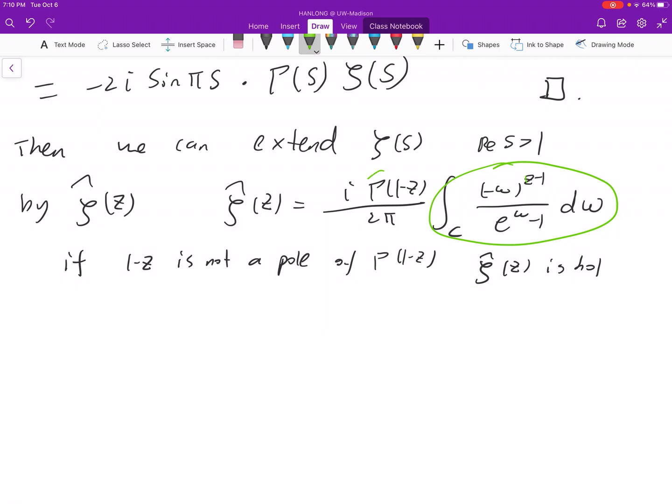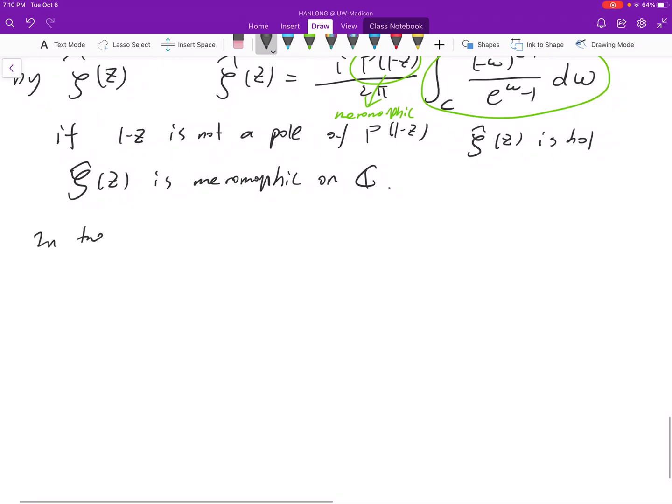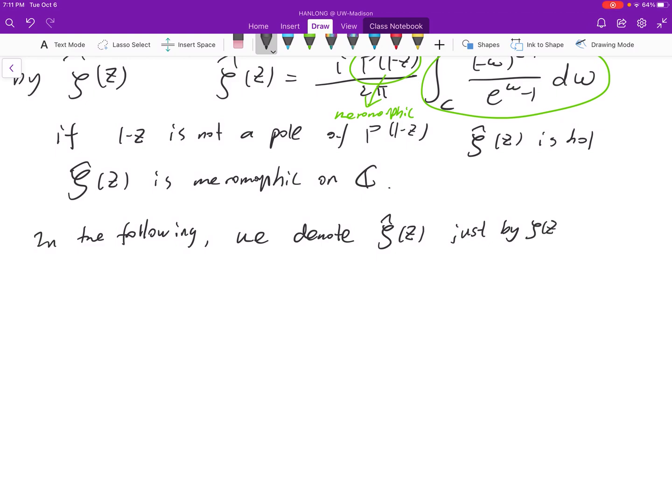Therefore zeta hat z is meromorphic on C. In the following, we denote the extension just by zeta z.